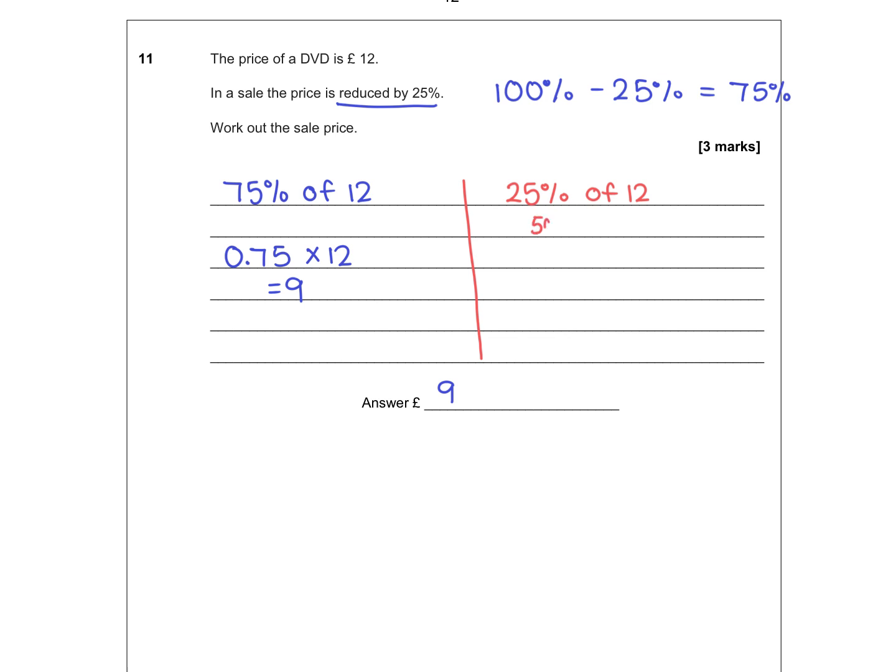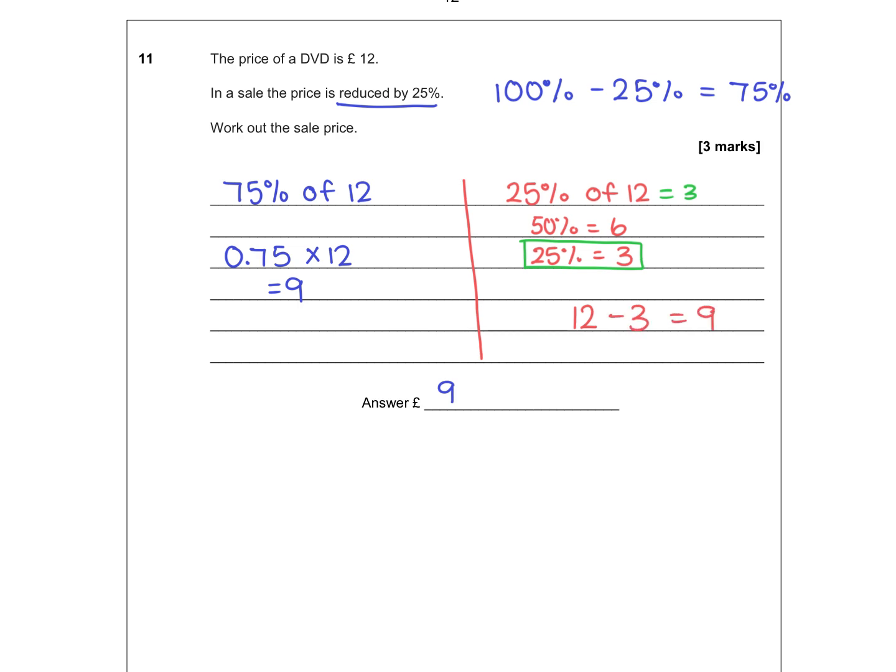So 50% is equal to 6, and then half that again, 25% is equal to 3. So 25% of 12 is 3, and if it's been reduced by that much, we started out at 12 pounds, we minus the 3, and we still end up with 9.